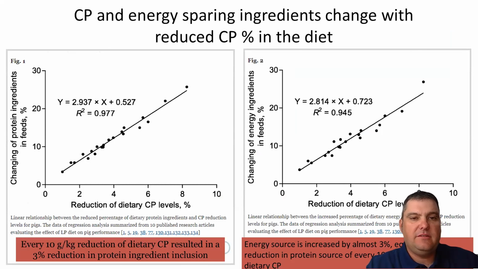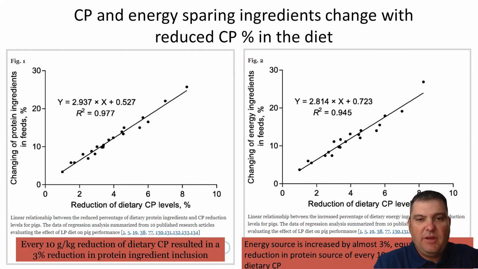So here's a graph that depicts the impact on the diet as we begin to reduce dietary crude protein. On the left, we see a regression curve showing the changes in protein ingredients in the feeds as our dietary crude protein is reduced. On the right, we see a correlating regression curve showing the impact on energy ingredients in feeds as we reduce dietary crude protein.